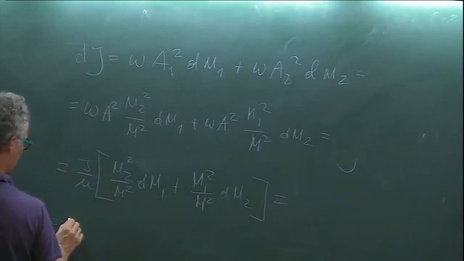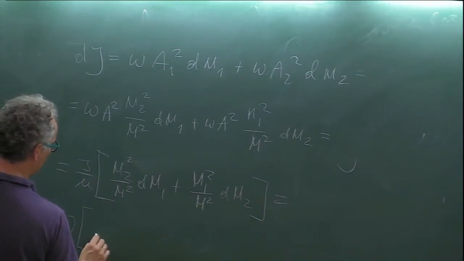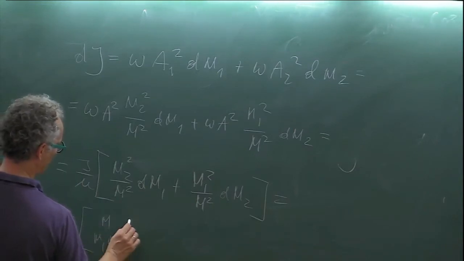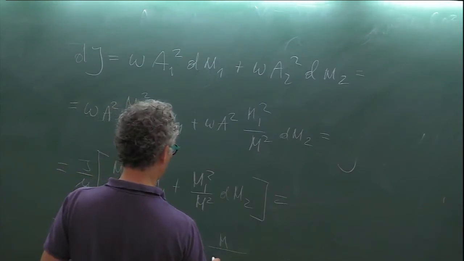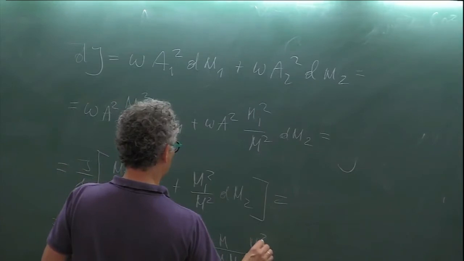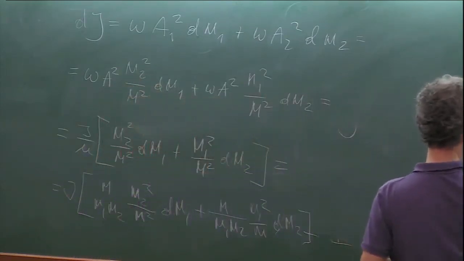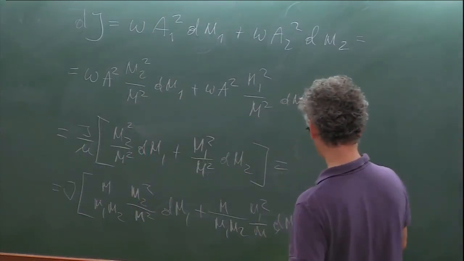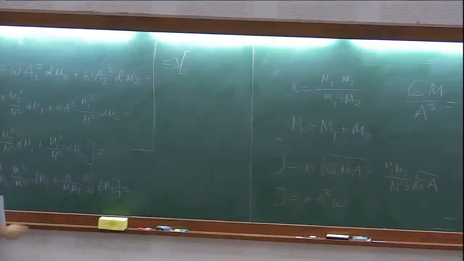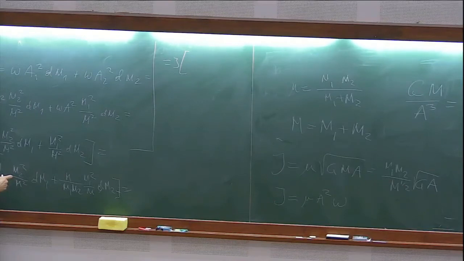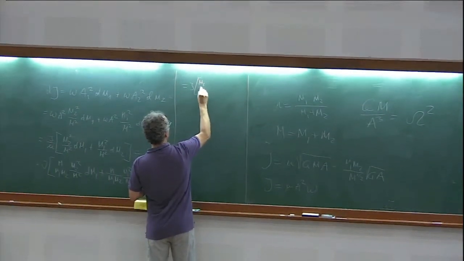This is J, and mu is m1 m2 over m. So this will be equal to J times m2 over m dm1 over m1 plus m1 over m dm2 over m2.